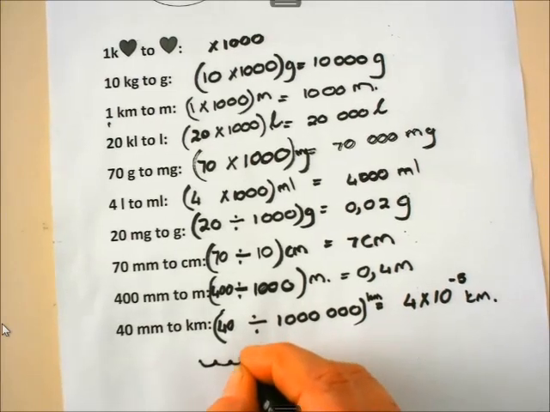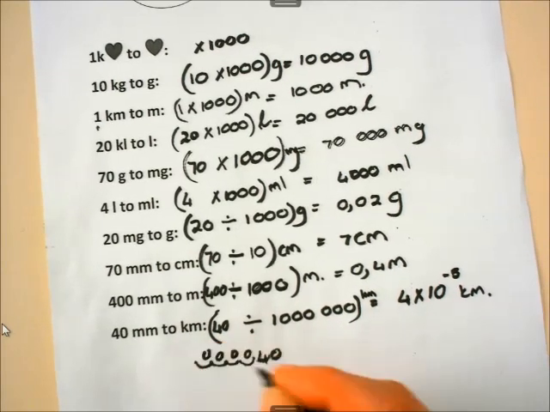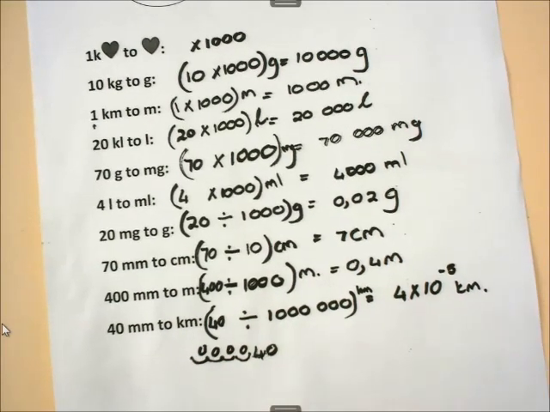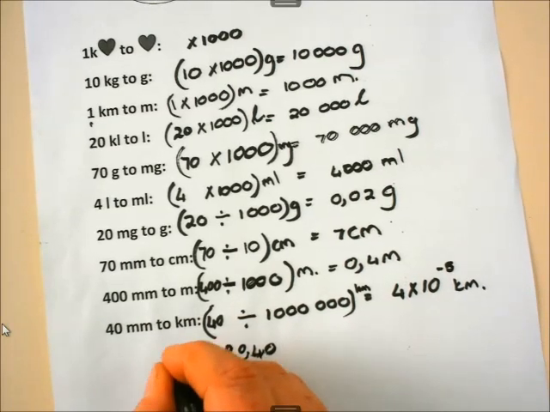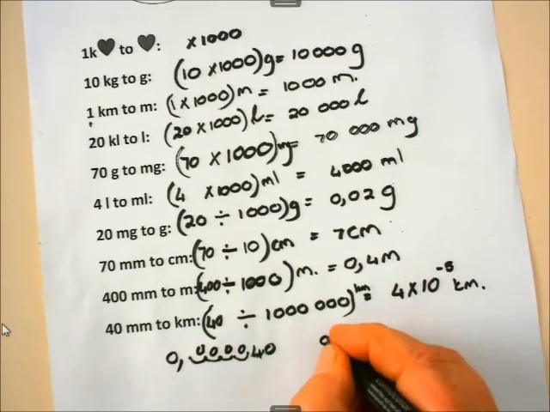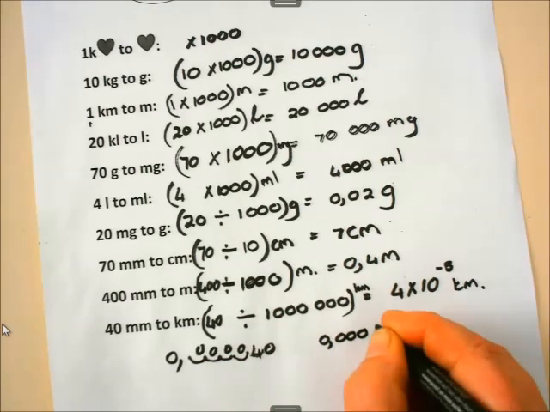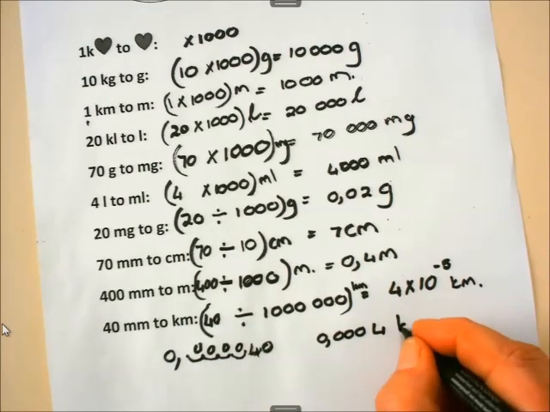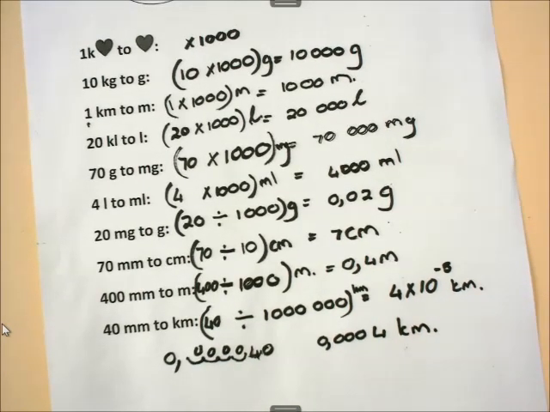So I need to put 4 zeros, and it will become 0.000040, which is 0.00004 kilometer. Thank you.